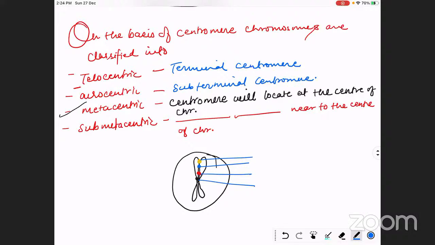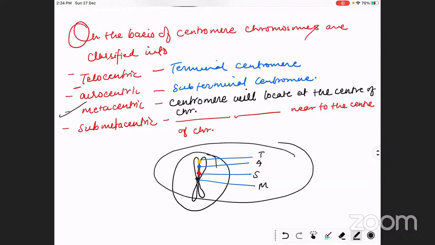Okay, so this is telo, acro, submetacentric and metacentric. It is about the different types of chromosome on the basis of the location of centromere.